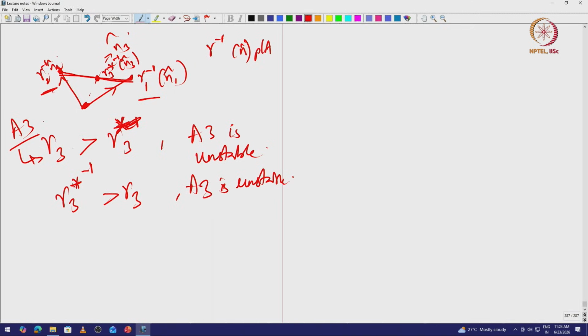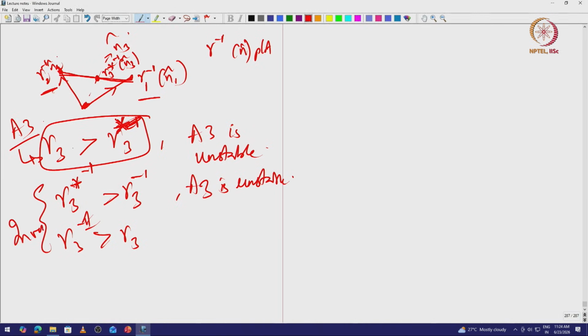Okay. Or A3 is stable when gamma 3 inverse is greater than gamma 3 star inverse, sorry, I have to go from, this is the direct space, this is the inverse gamma space. Okay. So, gamma 3 inverse, gamma 3 star inverse, then A3 is stable.